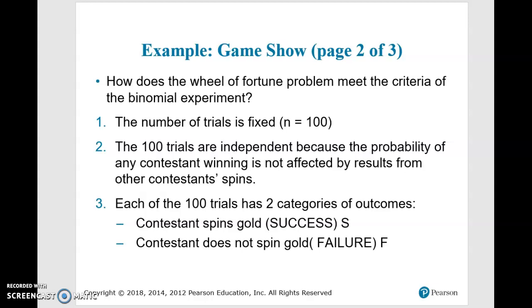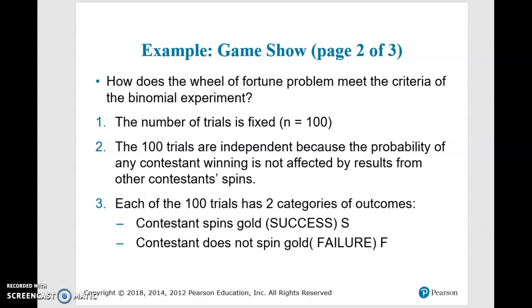First, we want to know, how does the Wheel of Fortune problem meet the criteria of the binomial experiment? Well, there's 100 contestants, so there's a fixed number of trials, 100. N equals 100. The 100 trials are independent because the probability of any contestant winning isn't affected by the results of another contestant's spins. Next, each of the trials has 2 categories.